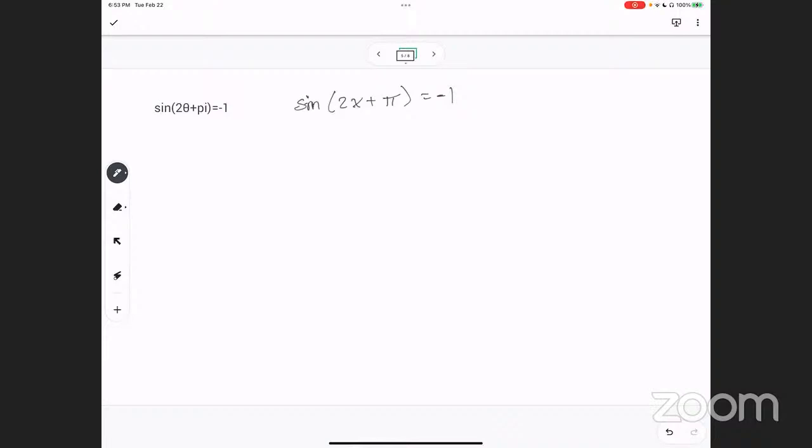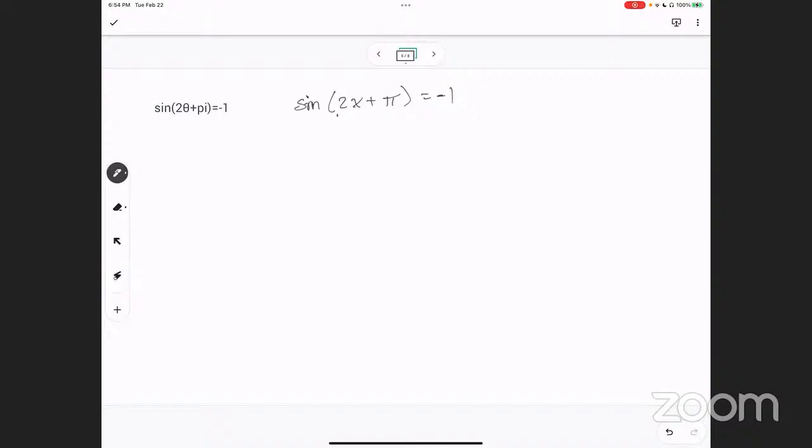How does your teacher teach you to do this one? I'm trying to remember because this is one of the ones that I didn't know how to do. Okay. Well, let me show you how I would do it. So we know if this thing right here is the sine of an angle, what angles have a sine of -1 rather? 3 pi over 2.